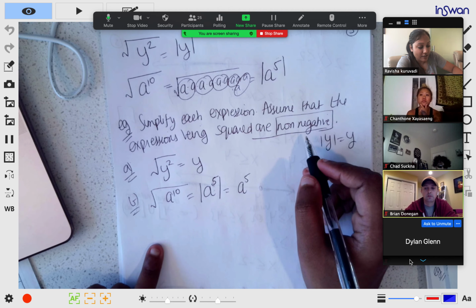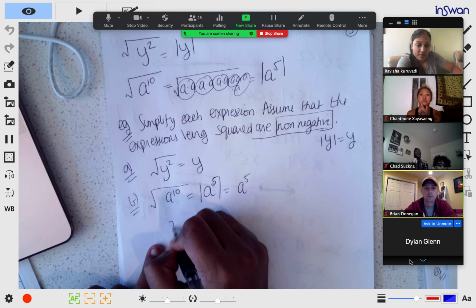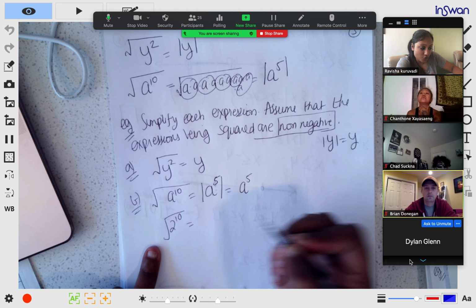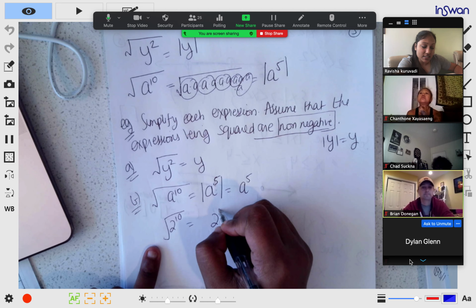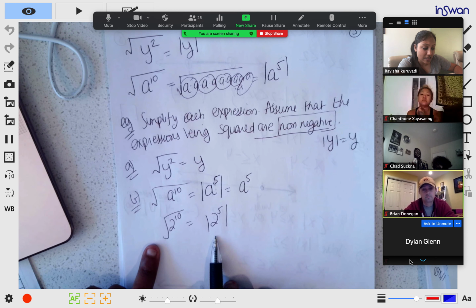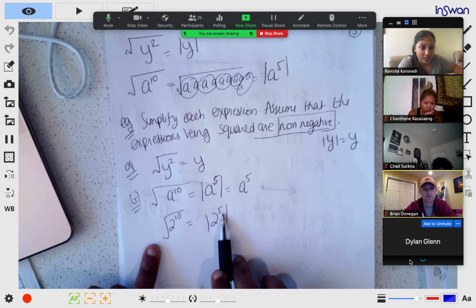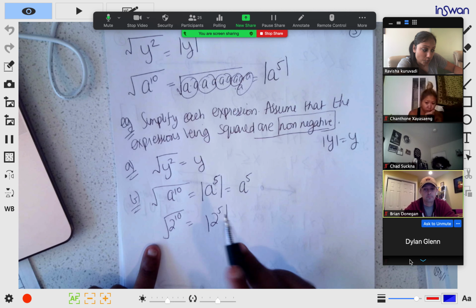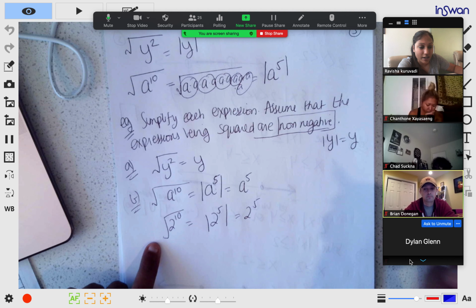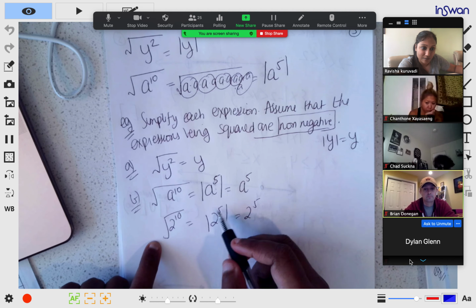If I say 2 to the power of 10 under the square root, it comes out to be 2 to the power of 5. What does the absolute value of 2 to the power of 5 mean? Whatever answer I have inside, it should be positive, and I already know 2 to the power of 5 is positive. So I don't have to write the absolute sign.